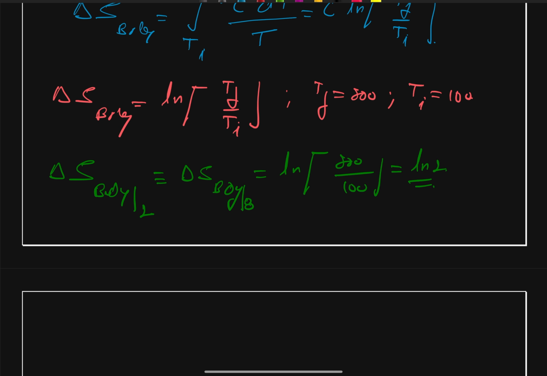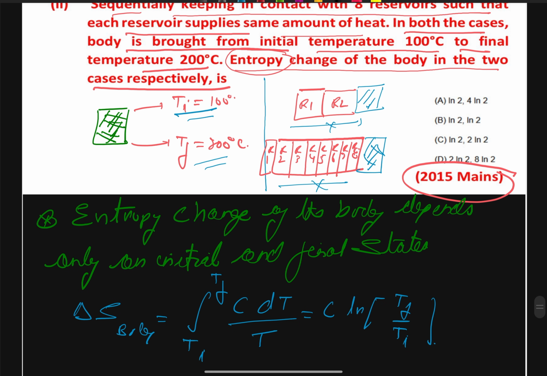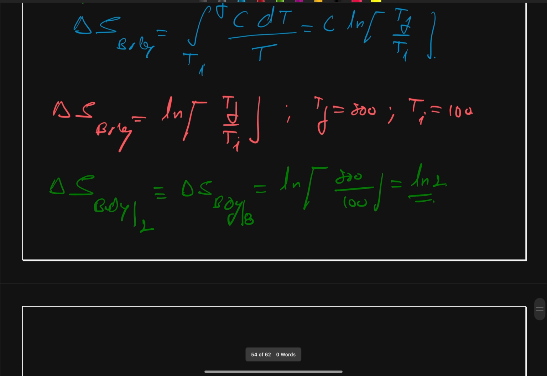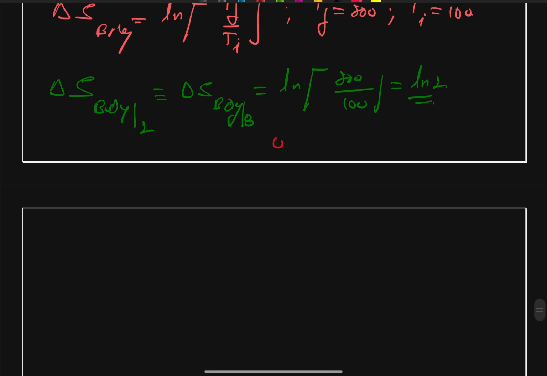So in both cases it will be natural log of 2 and natural log of 2, so option B is correct.